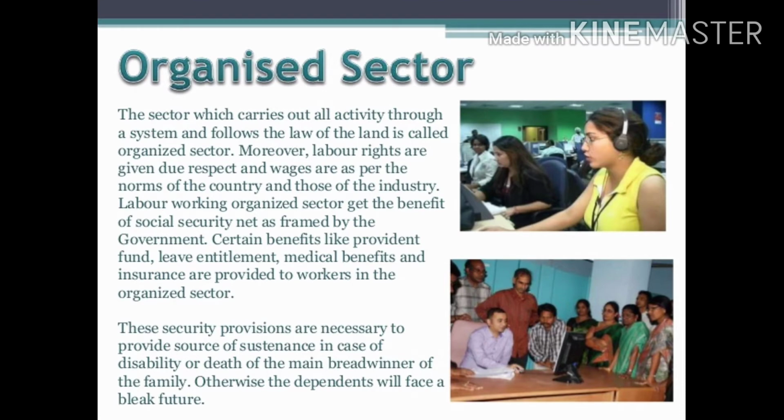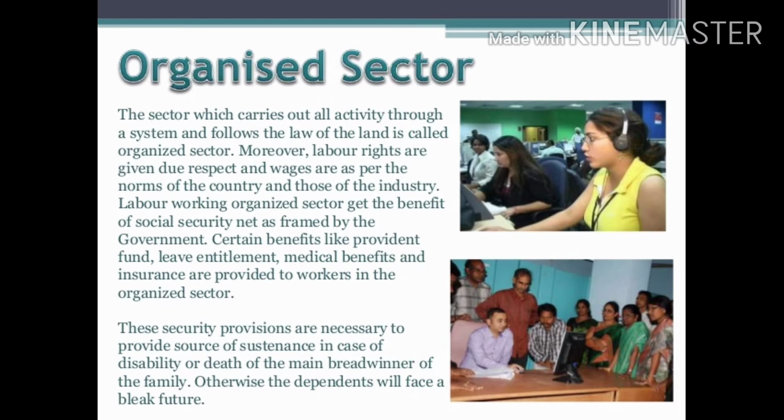On the basis of job condition or working condition, the economic sector is divided into two sectors, organized sector and unorganized sector. So the organized sector means the sector which is organized and follows the law of the land. Okay, so a system which follows a law. So the labor rights are given due respect and wages are as per the norm.